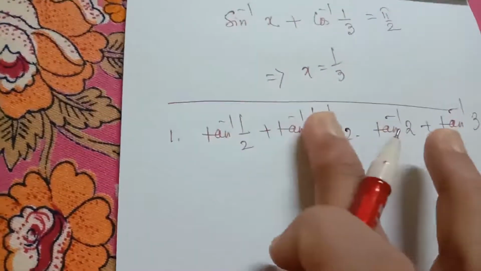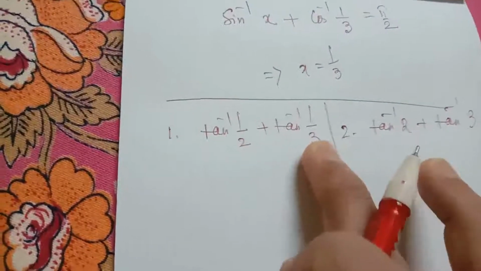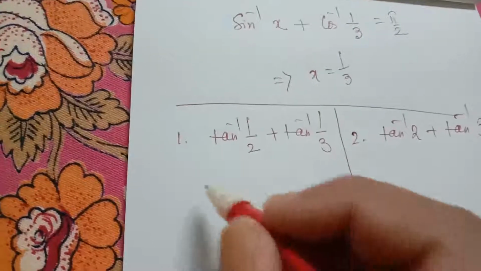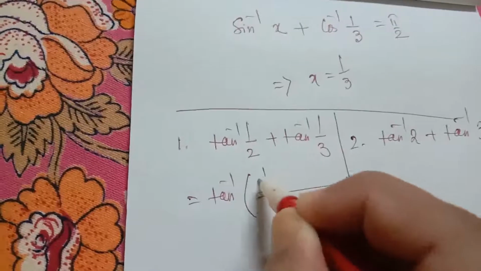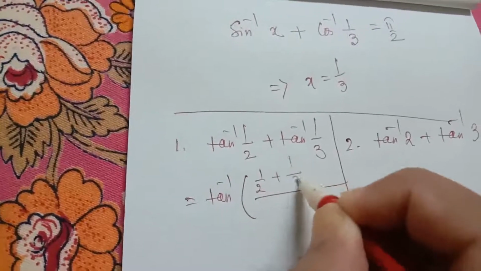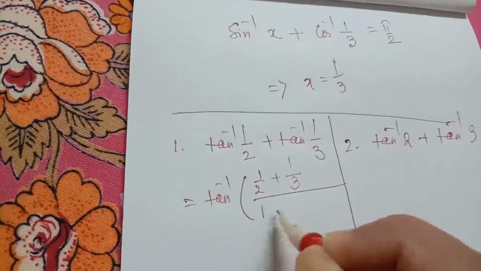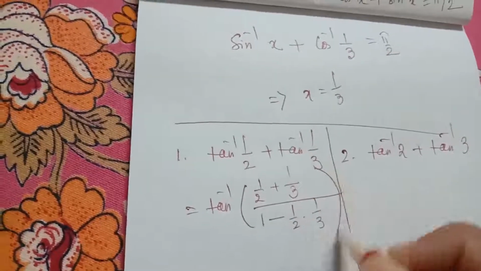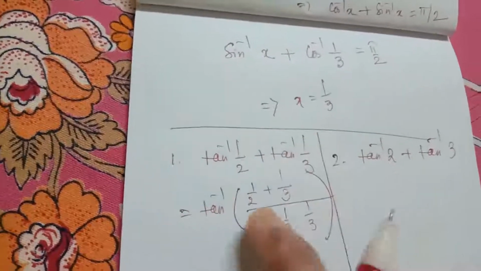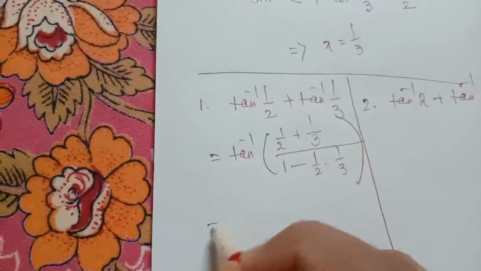Half into 1 by 3 is 1 by 6, which is less than 1. So directly the formula will be tan inverse of half plus 1 by 3 divided by 1 minus half into 1 by 3. Tan inverse of x plus y by 1 minus xy.